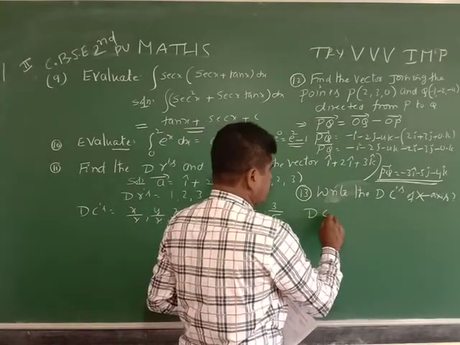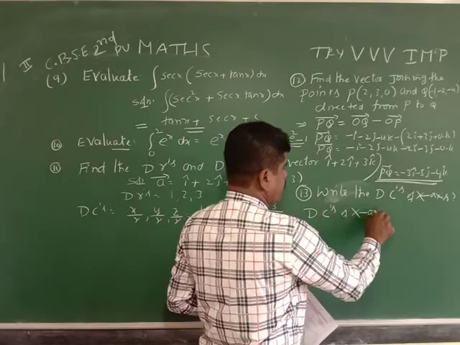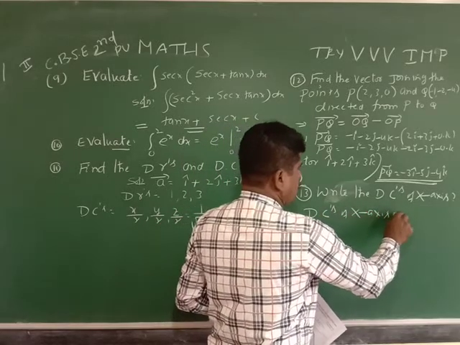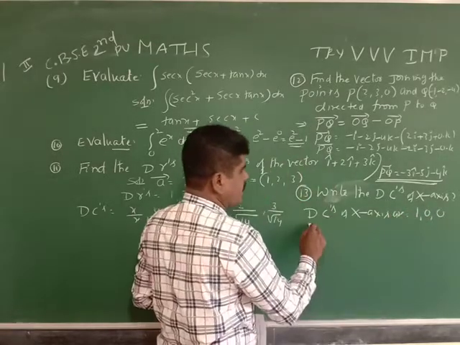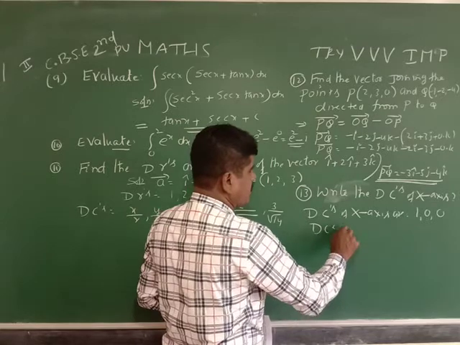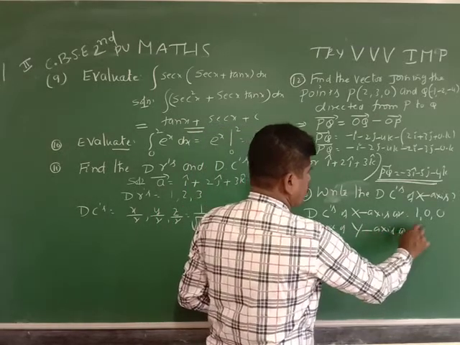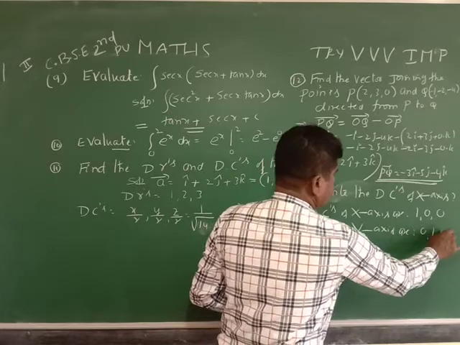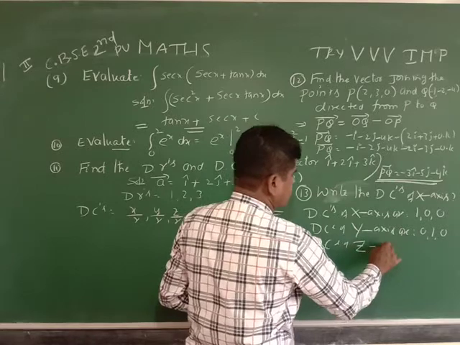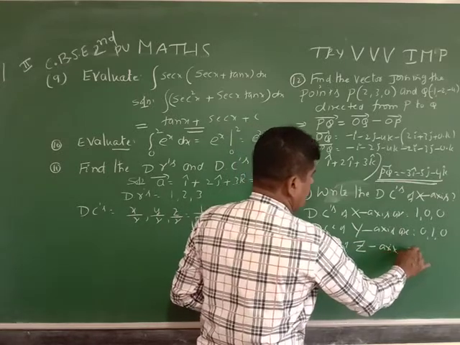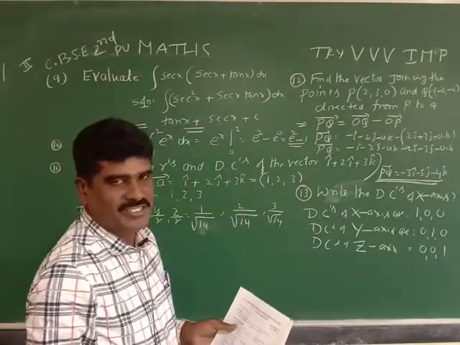Direction cosines of x-axis are 1, 0, 0. Similarly, direction cosines of y-axis are 0, 1, 0. Direction cosines of z-axis are 0, 0, 1. More questions answered at a time.